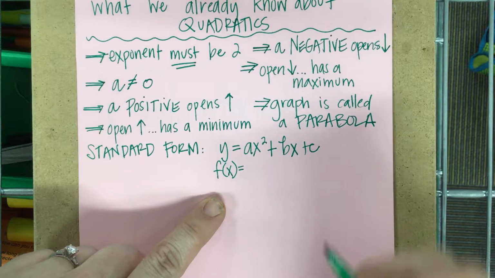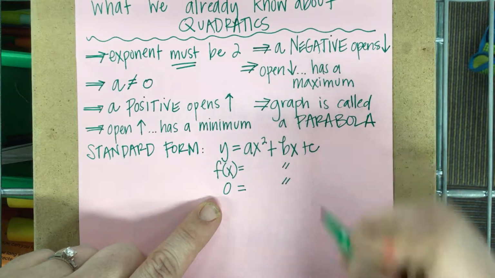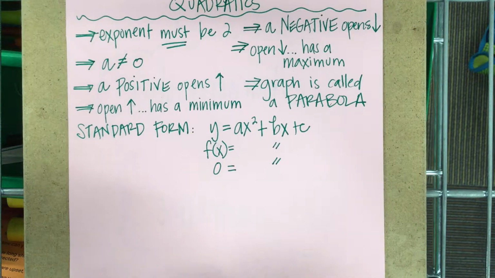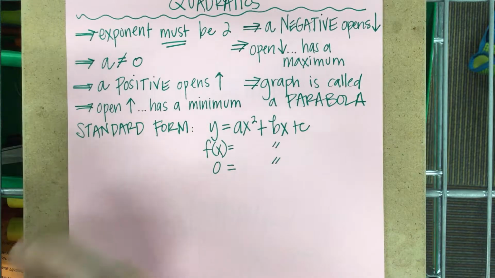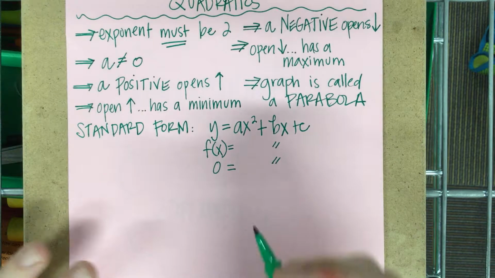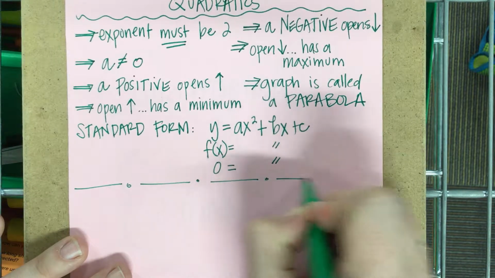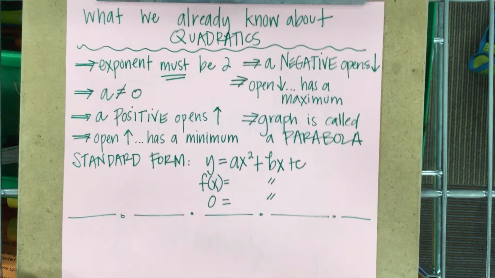Or it could also be 0 equals. Sound good? Those are all the things we already know about quadratics.